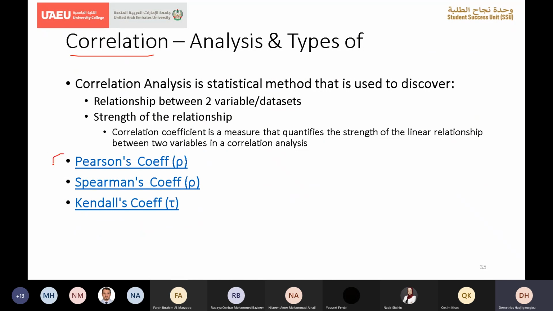Now there are three main types of correlation: Pearson's, Spearman's, and Kendall's. And again, this is very easily done in Python. Let me just get the file, correlation.